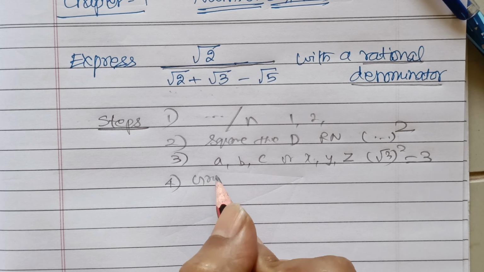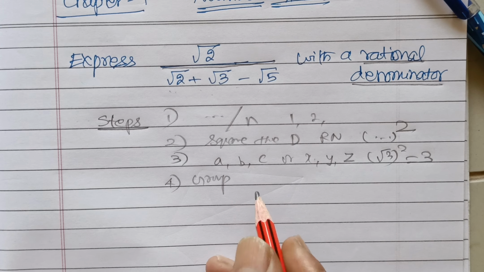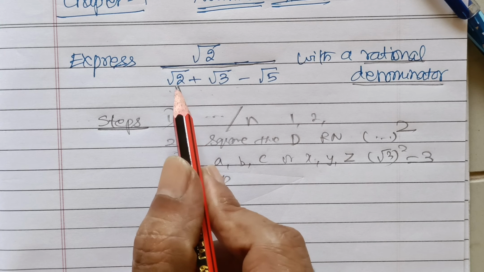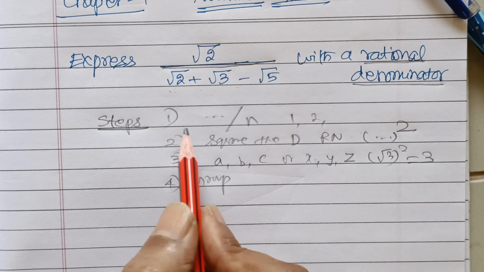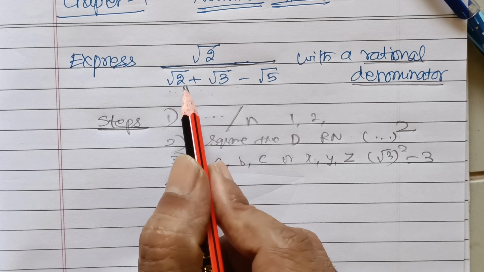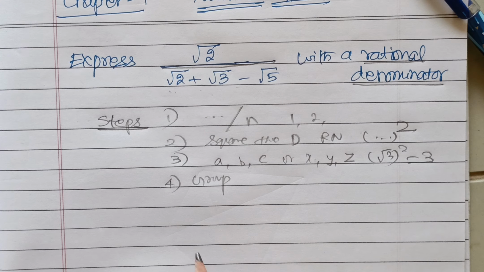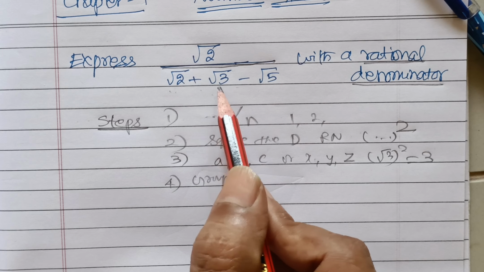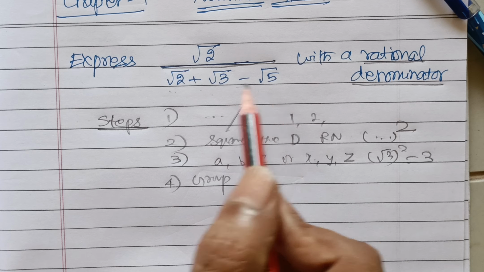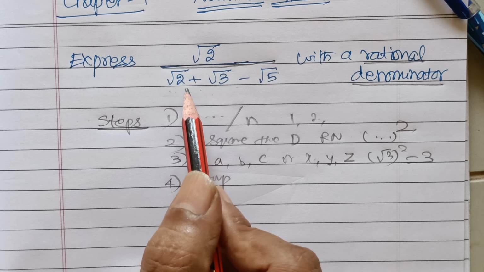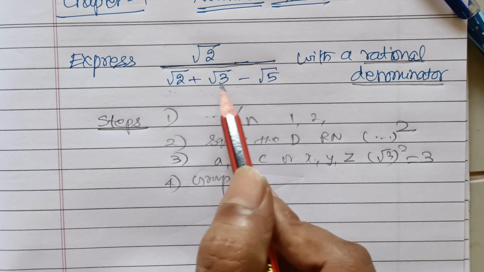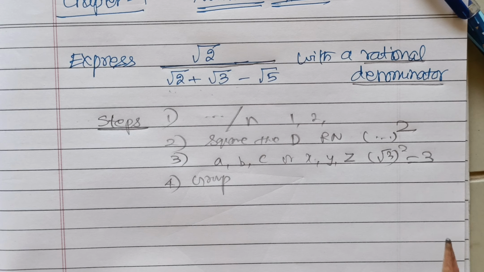How we can group is, let us look at the numbers 2, 3 and 5. There is a good chance that 2 plus 3 can be together and 5 can be on the other side, because it can give either 5 minus 5 is 0 if you square the number, or if you multiply it will give 25, which is also a square number.